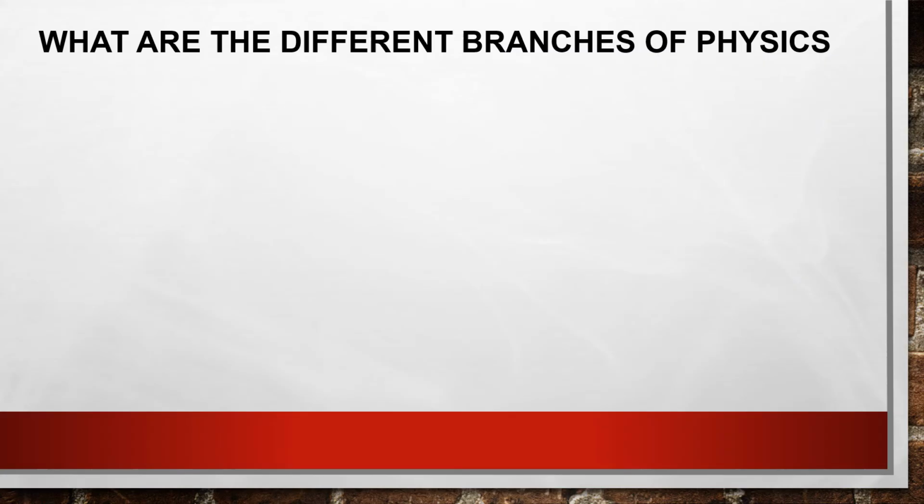So now, what are the different branches of physics? I'm going to run through them so that you can see the vastness of physics, and as someone who wants to do physics, see the different branches and begin to make up your mind as to the area of physics where you're going to pitch your tent. Number one, we have classical physics.